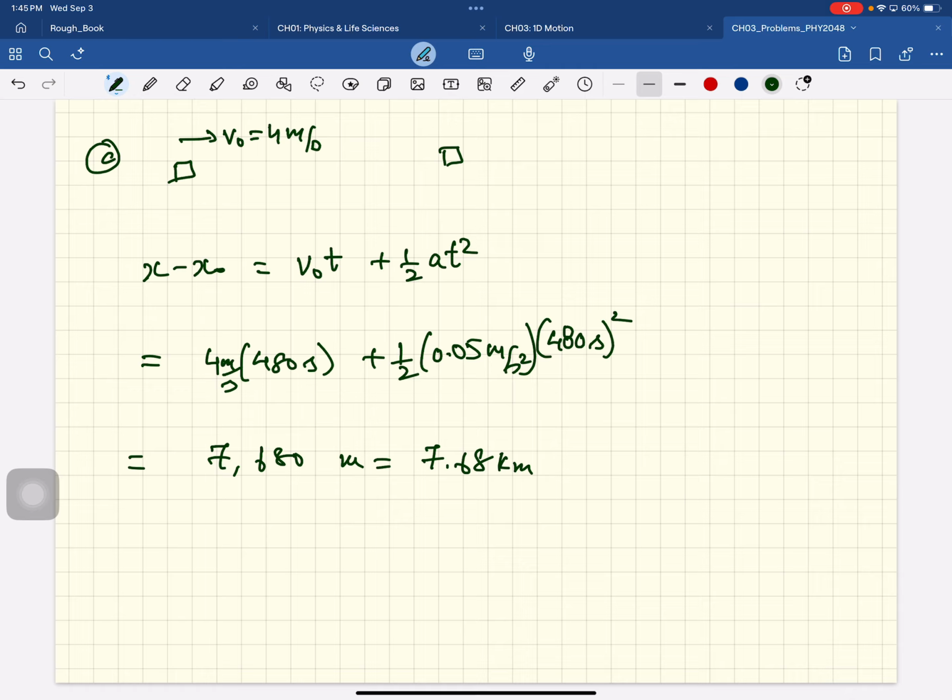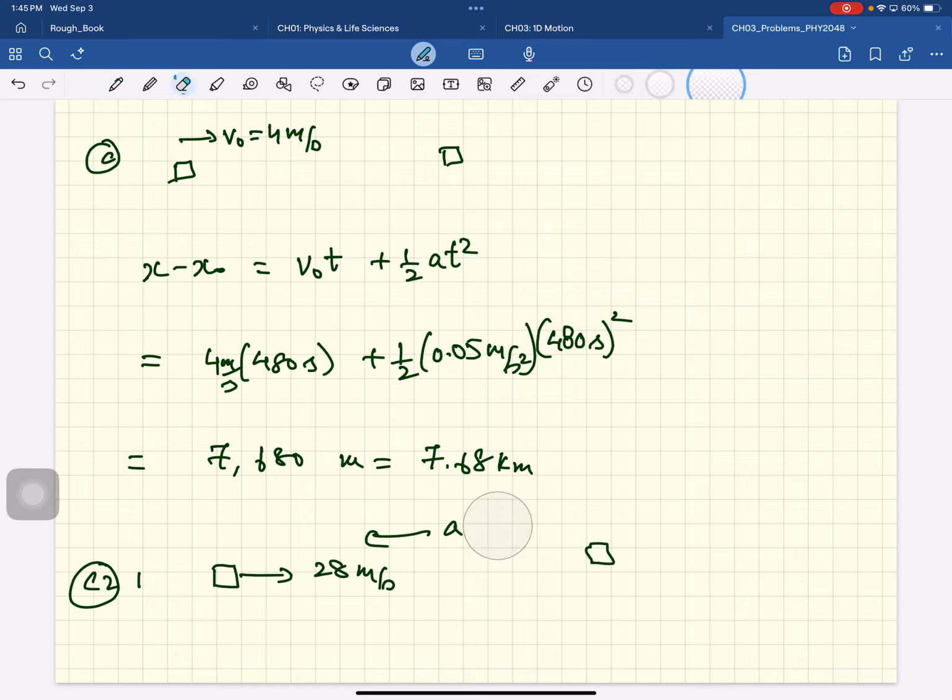And then slowing down, how long does it take to, okay, C2. Now you're going at 28 meters per second, and you're stopping, and your deceleration is negative 0.55 meters per second square. x minus x naught equal to v naught t plus 1/2 a t squared. 28, oops.